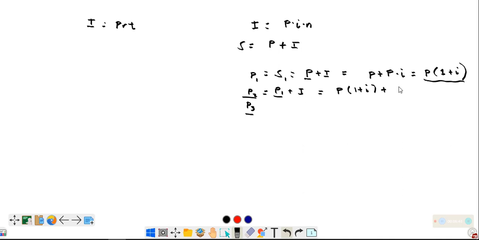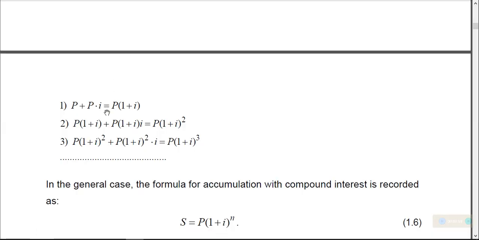Yung I natin dito, i-multiply mo siya ulit dito. So, we have, ayan, ito siya. Plus P times 1 plus I times I.